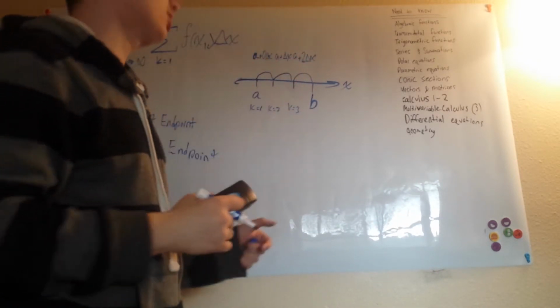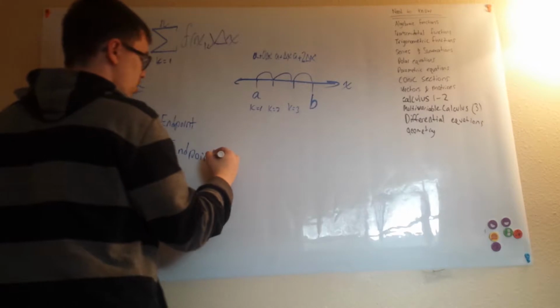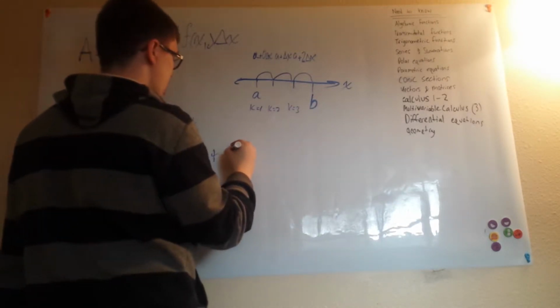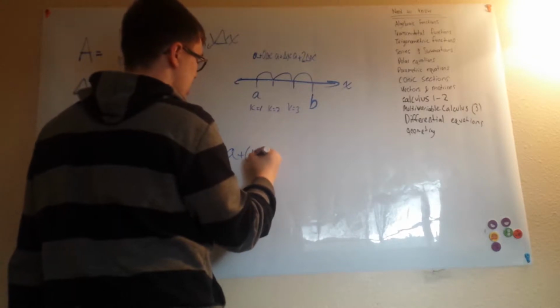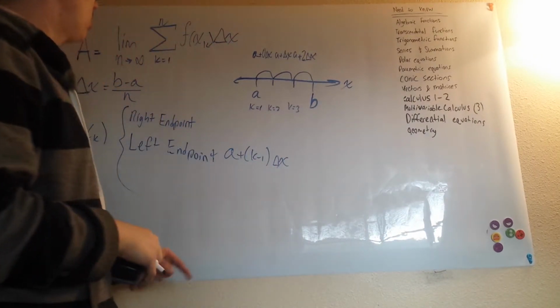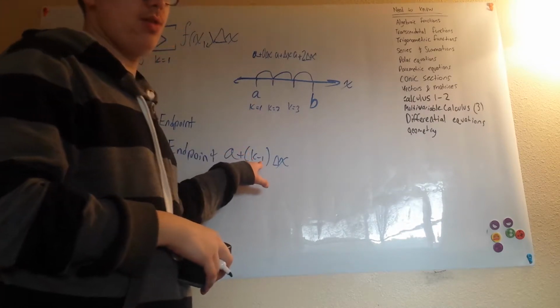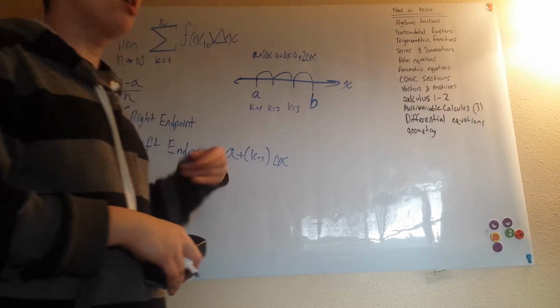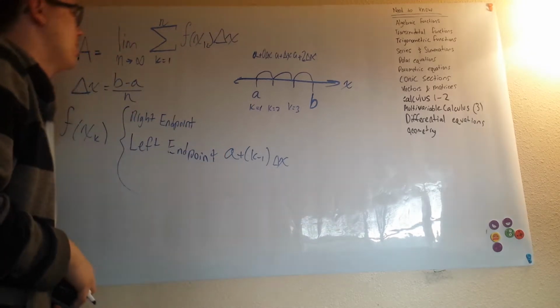Well, we're subtracting 1 from k. So the formula for the left endpoint is a plus k minus 1 times delta x. So it's the number of the rectangle you're doing minus 1 times your delta x plus your a.